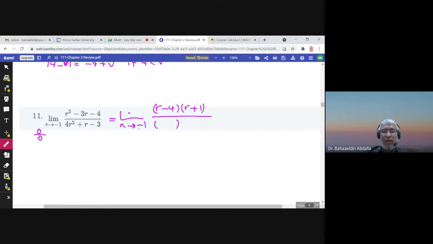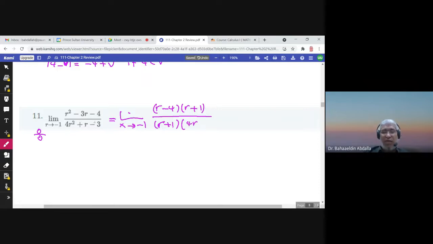Well, here, negative 1 is a 0 of the numerator and the denominator because we got 0 over 0. So I must have r plus 1 here. If I have r plus 1 here, this is 4r squared, so I'll have 4r here.